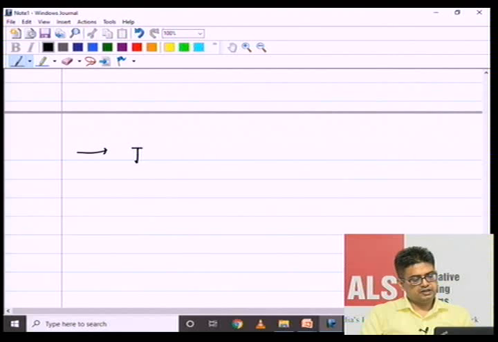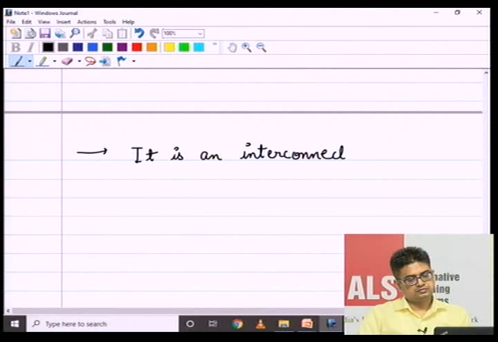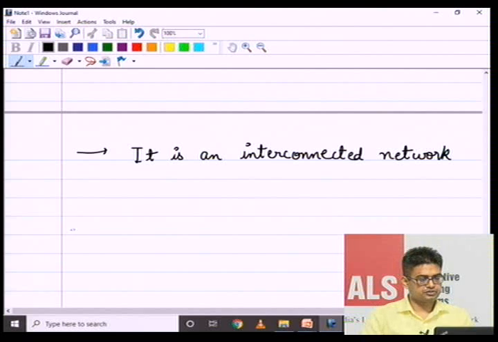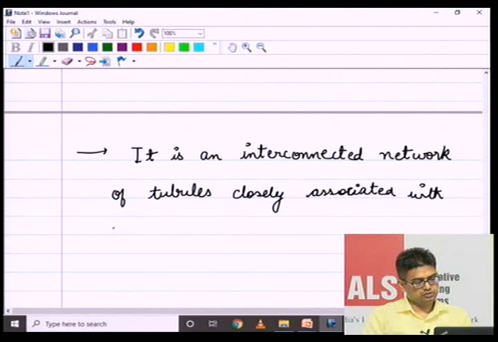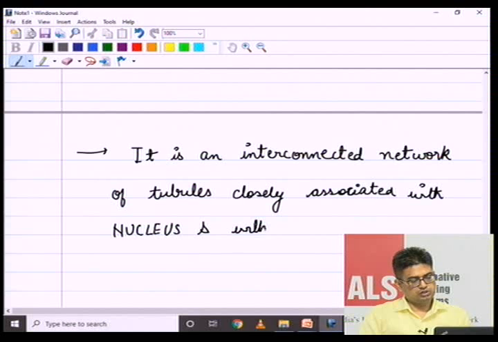Please write: it is an interconnected network of tubules closely associated with the nucleus and with the Golgi apparatus.